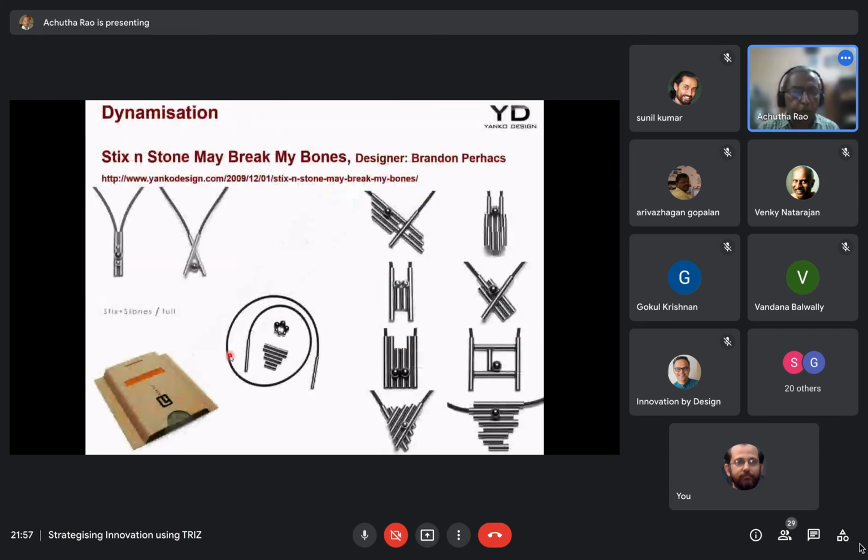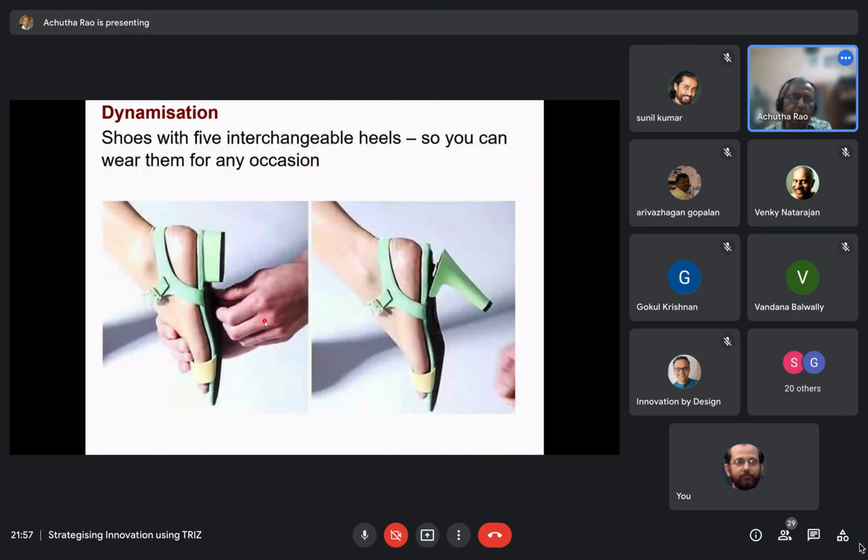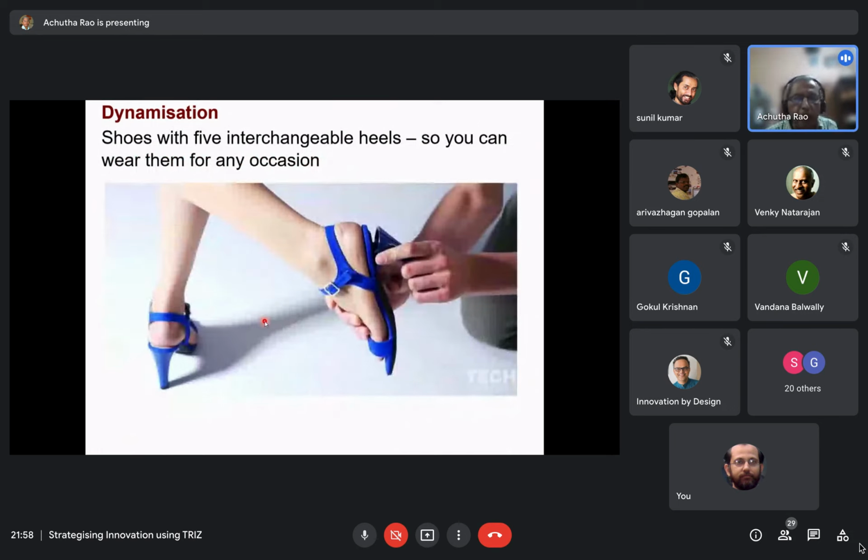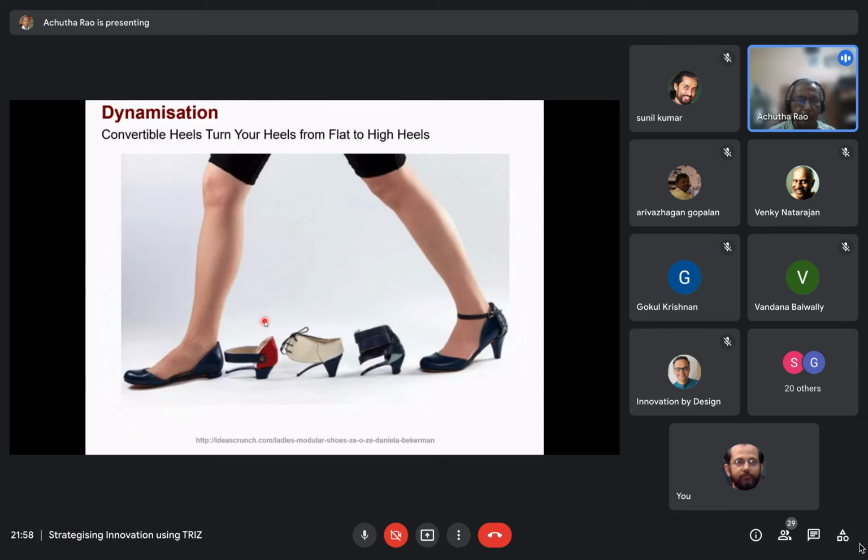Okay. So I wanted to give you some examples of dynamic, flexible design of jewelry. With a set of beads, I can create any design as I want and wear it. A beautiful system of jewelry. It uses a magnetic field and stainless steel, which is magnetic. Can the shoe be dynamic? It can be different colors, different shoes, heel heights.